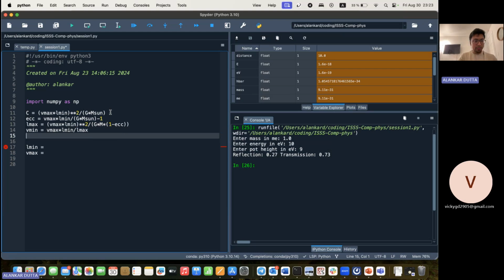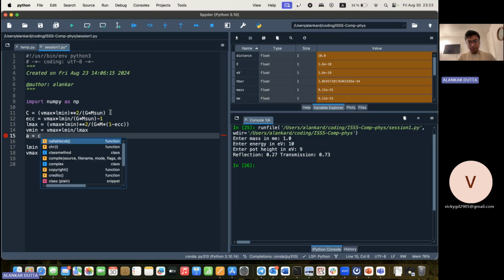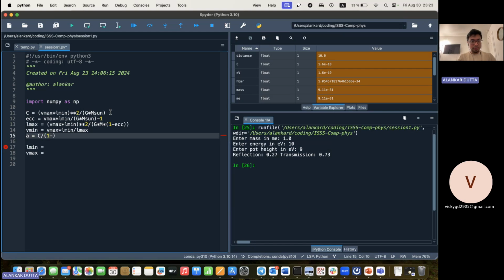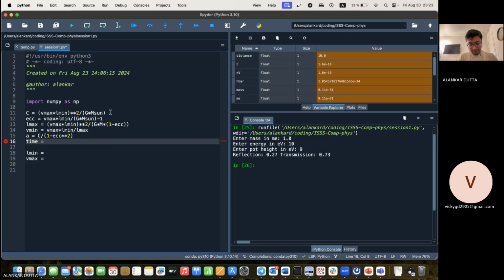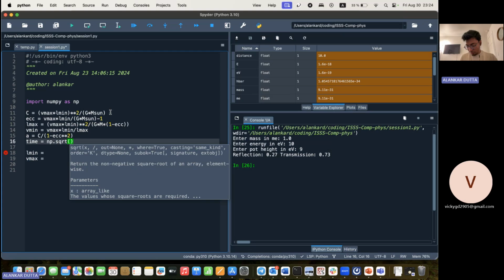We also want to find out the time period. For finding the time period, we need to know the size of the semi-major axis. Turns out the size of the semi-major axis is C over 1 minus ECC square. Sorry, this is the size of the major axis. Then the time period of revolution is the square root of 4 pi square over GM times a cube.